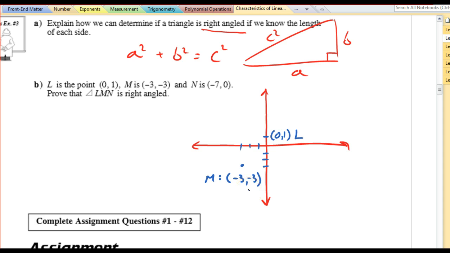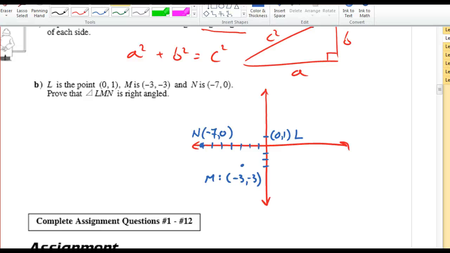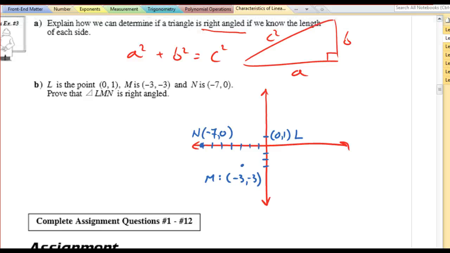And N is -7, 0. So 3, 4, 5, 6, 7, 0. Right over here is N. -7, 0. And what they're asking us is if this triangle here, do I have a right angle? Let me get some straight lines out here just to be a little more precise.